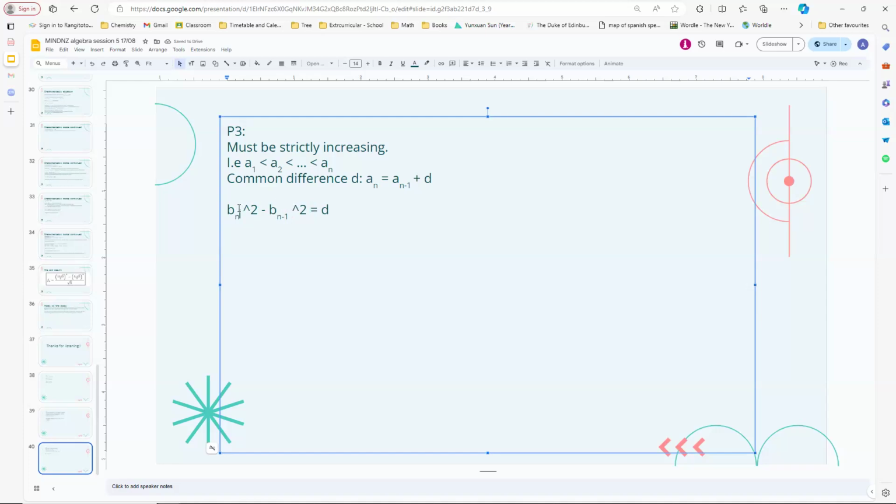So we have a difference of squares, which we can factorize into bn minus bn minus 1, times bn plus bn minus 1, equals d.